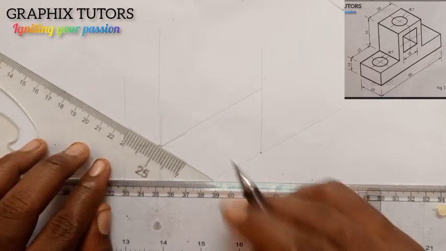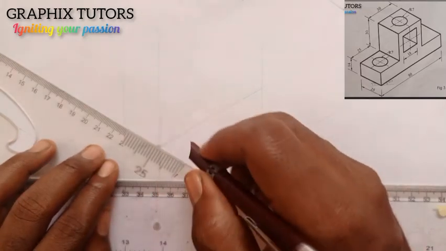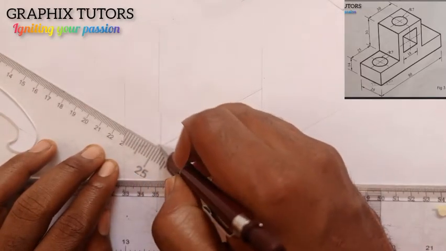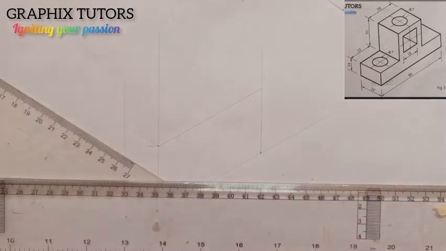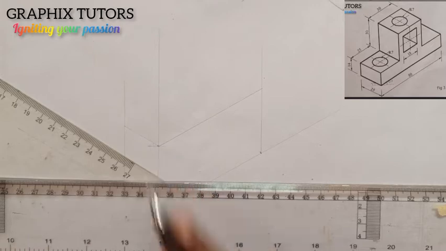I'm going to join this also from here to this point here. So that is another 30. You look at the axis between here and here is 30, and here is also 30.